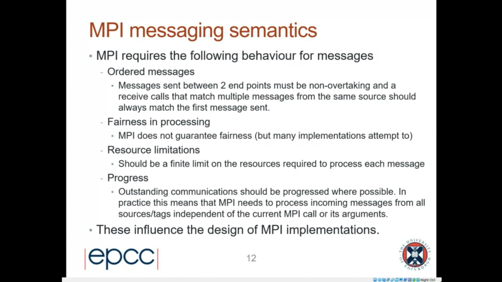If I send a message and then send another message, if they arrive in a different order than they were sent, it's very hard to write a working program. But it's difficult to implement because at the network level, at the hardware level, the packets will overtake each other all the time. So this is something the library developer has to worry about.